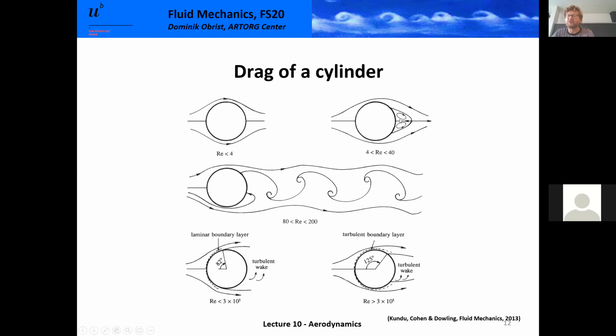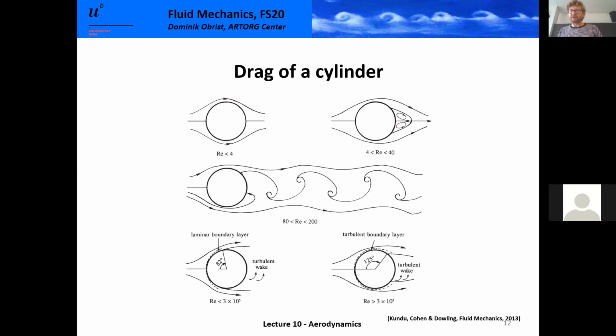So we increase in pressure drag. We still have the very high pressure on the upstream side, but a lower pressure on the downstream side in the wake. So still probably predominantly friction drag, but pressure drag has increased. And so the story goes on. The more we increase the Reynolds number, the bigger the wake becomes.